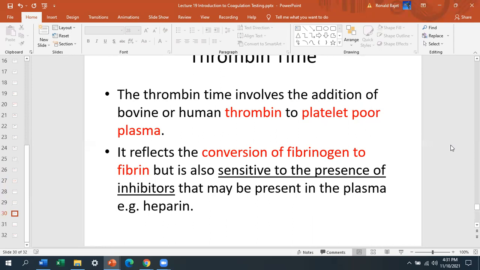And if the time corrects, then you can tell it's a factor 7 deficiency. If you're suspecting factor 7 deficiency on another sample and you add factor 7 and it does not correct, when I say correction, say for example, the normal prothrombin time will be around 12 to 14.